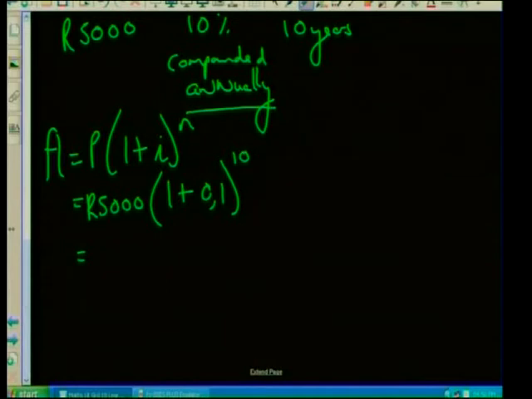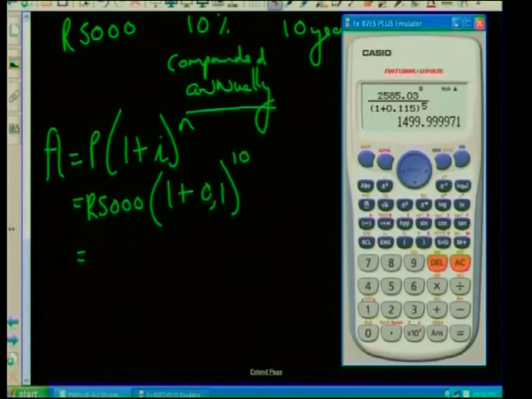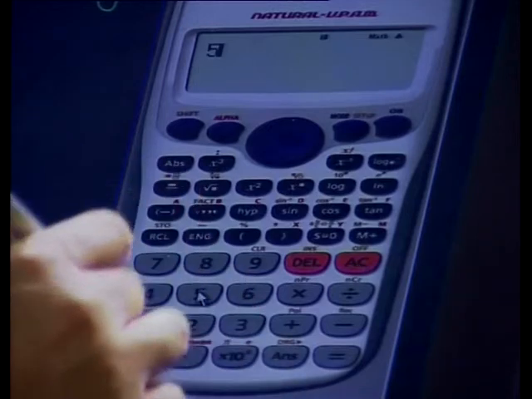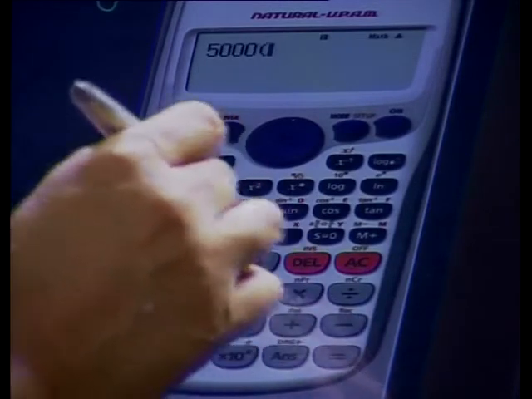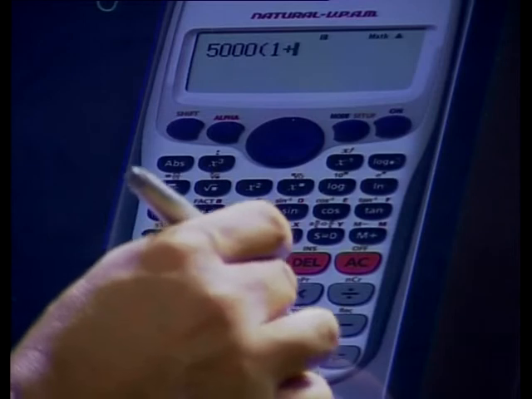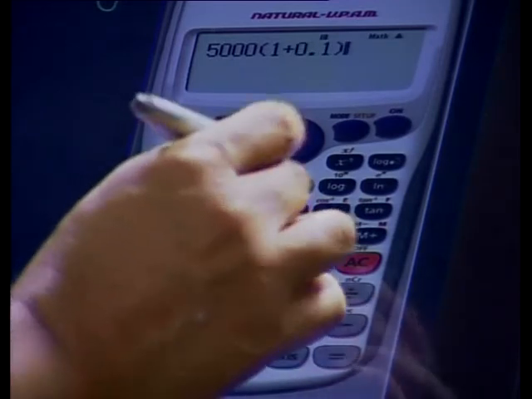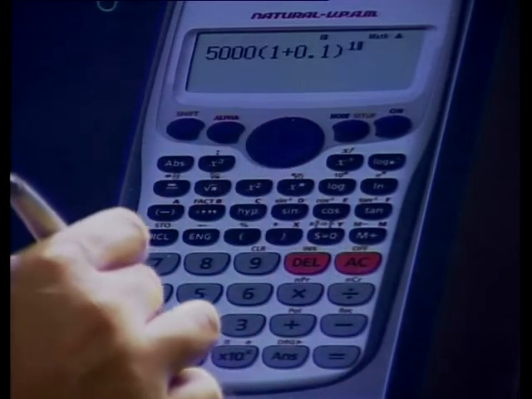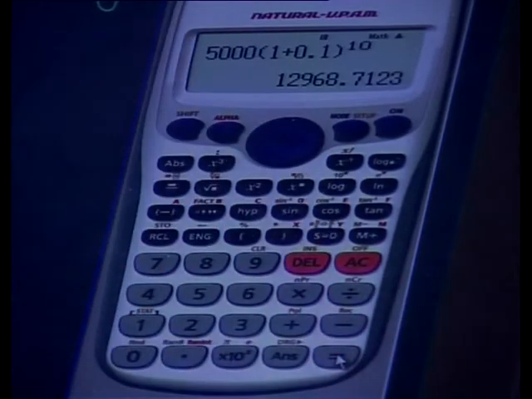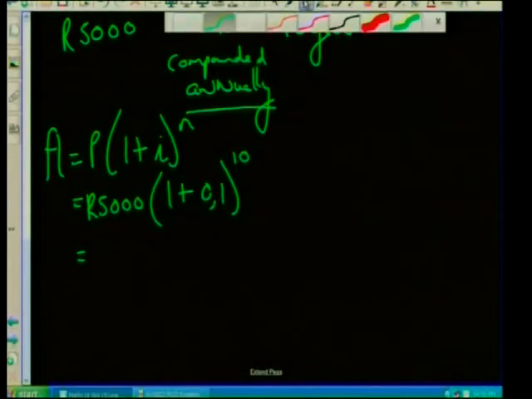We're doing it for 10 years. Out comes our calculator. And we're going to say, right, I've got 5,000 Rand. 1 plus 0.1 close bracket to the power of 10 equals, and my answer there is 12,968.